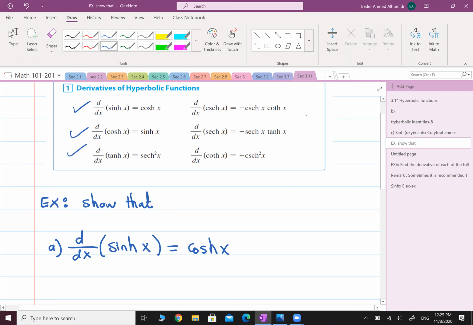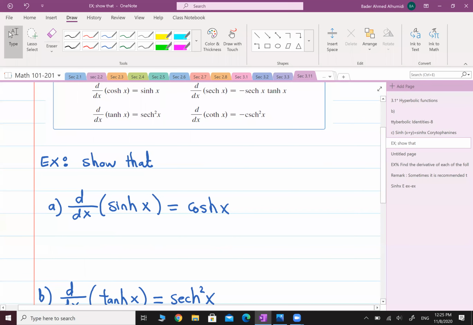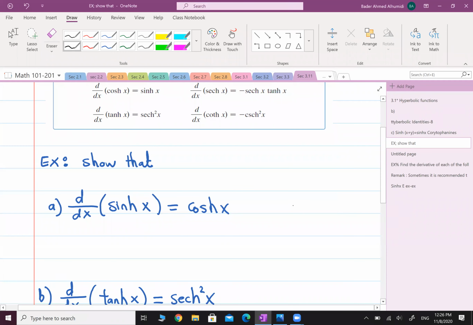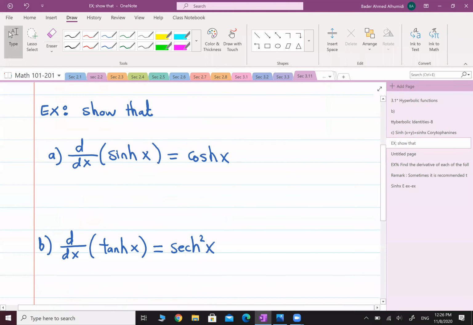And the reciprocal ones, which are cosecant, secant and cotangent, all have a minus, and the formula is exactly the same as the formula for trigonometric functions. Clear? So derivative of hyperbolic sine is hyperbolic cosine, which is exactly the same as we had in trigonometric functions. We remember that the basic functions have no minus, and the reciprocal functions are the ones with a minus sign. How do we prove them now, guys? Very simple.